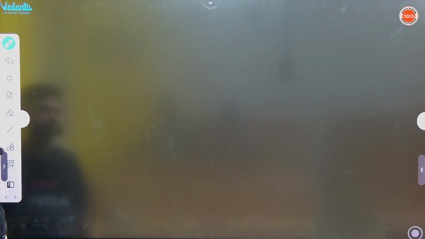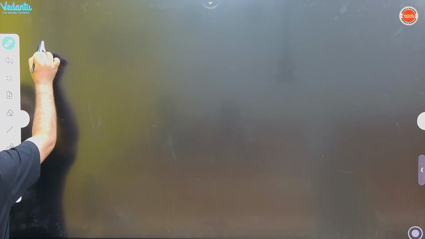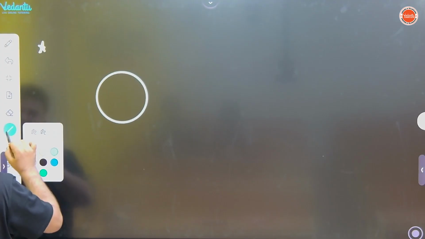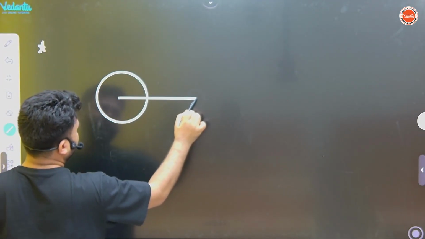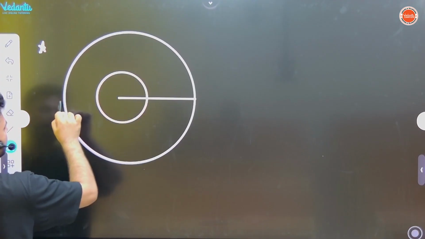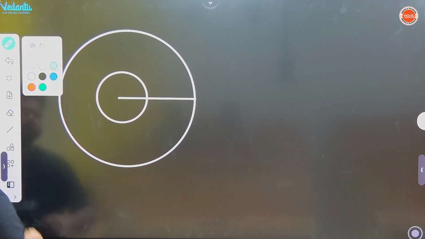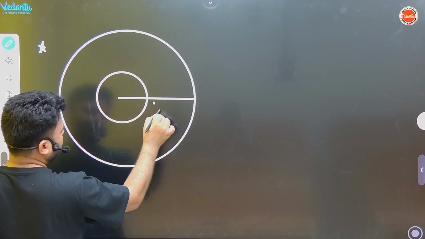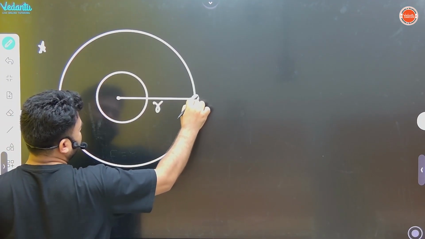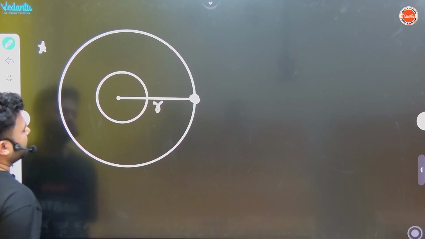See, next is, suppose this is earth and this is any satellite which is revolving around the earth, and the distance of this satellite from the center of the earth is r.